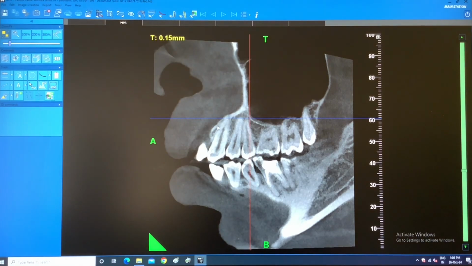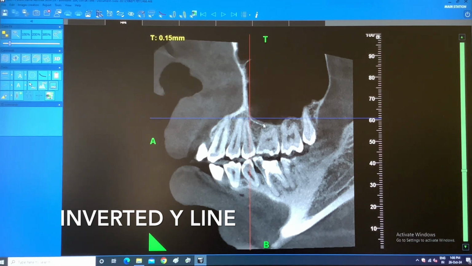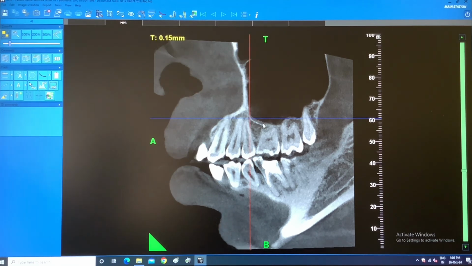You can see this particular region where the posterior wall of the nasal cavity and the anterior wall of the maxillary sinus meet, forming an inverted Y-shaped appearance, which is seen in IOPA as an inverted Y in the canine region. It is called the Y line of Ennis.